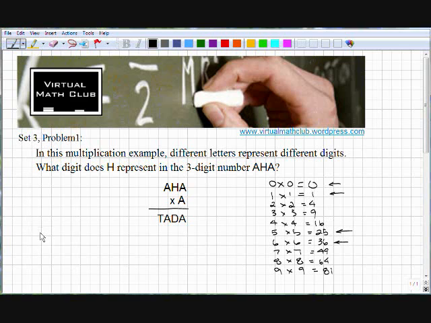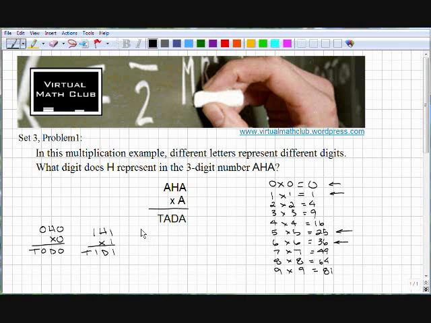Let's start with 0. We could write 0H0 times 0 is T0D0. Okay, so we're just substituting 0 for A. If we substitute 1, we get 1H1 times 1, and that gives us T1D1.